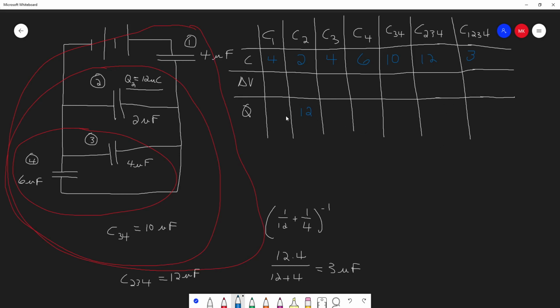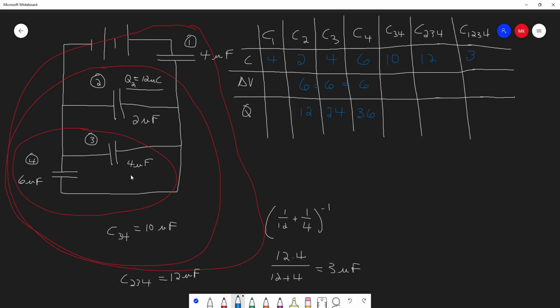So now I'm just looking at this table. I'm going to start filling things out. I know I can find this delta V by taking Q divided by C and getting 6. And I know C2 is in parallel with C3 and C4, so they will all have the same voltage drop. Then I can find my charges by multiplying.